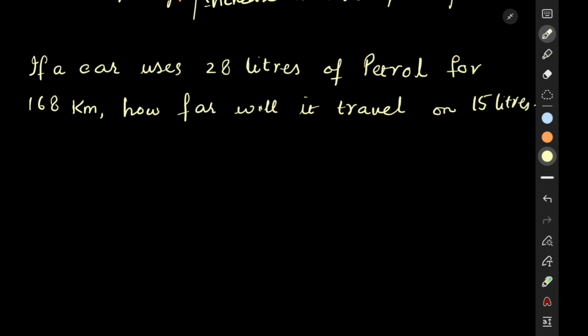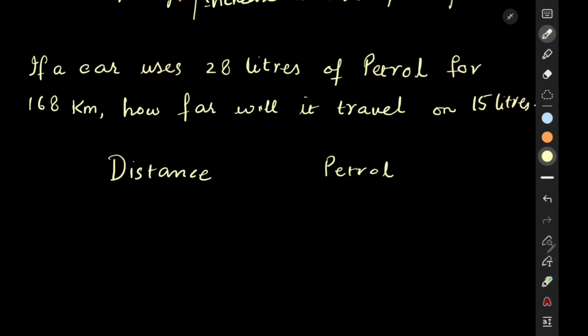Here you see that there are two things we have to compare, that is the distance of the car and the petrol used by the car. Here the car uses 28 liters of petrol for 168 km, and we have to find the distance traveled on 15 liters. So here we can write two things, the distance of the car and the petrol used by the car.